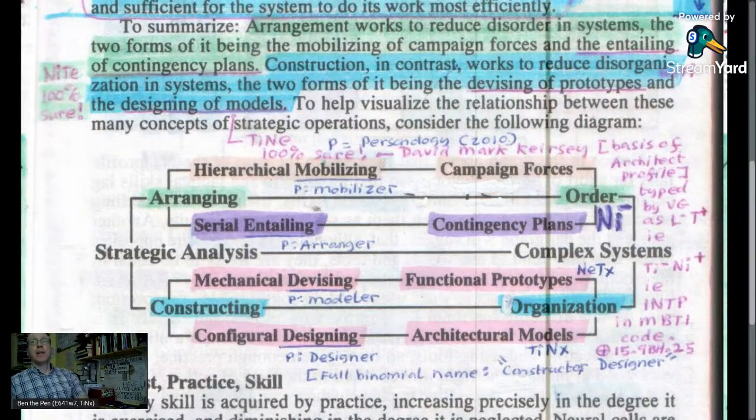So this is an idea in Keirsey. Keirsey had a system of intellects, which is as close as he's going to get to functions.